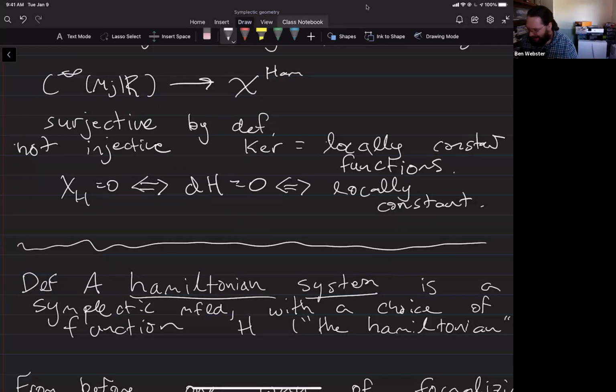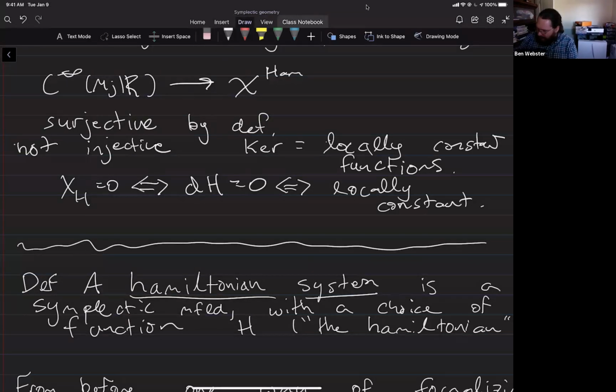So I have to include the possibility that my manifold has many different components, in which case I could have totally different values on different components as long as it was constant on each component. All right, so this is pretty close to being an isomorphism. Its kernel is very small, but it's there, and it will cause us trouble later. So I just wanted to flag the existence of that kernel.